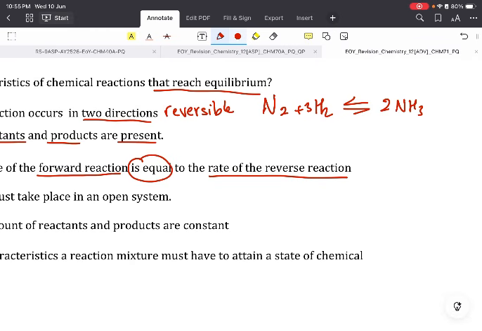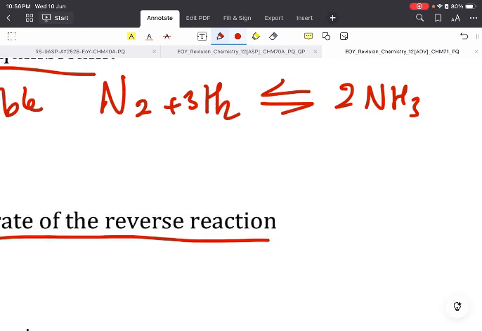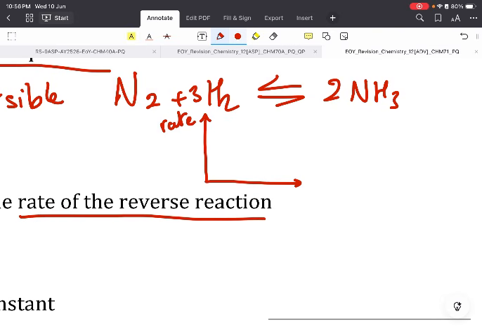So the speed of the reaction to give NH3 must reach a point that it becomes equal to the speed of the reaction at which NH3 will be giving H2 and N2. On the graph, we see it like this. This is the rate, and this is the time. This is the rate of the forward reaction.